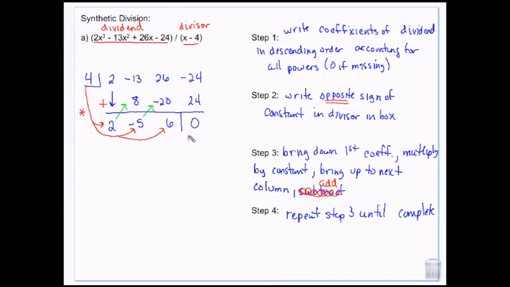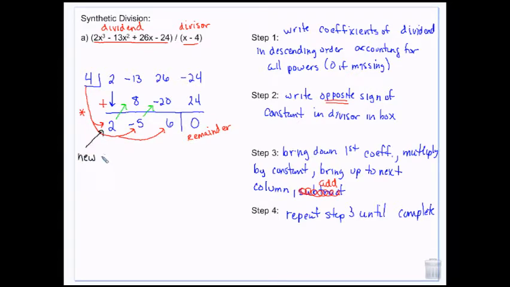Now this last number is the remainder. If there's nothing there, you have no remainder. If it's a 0, I mean. Okay, so now what do we do with that? Right, well, that's what I was repeating.